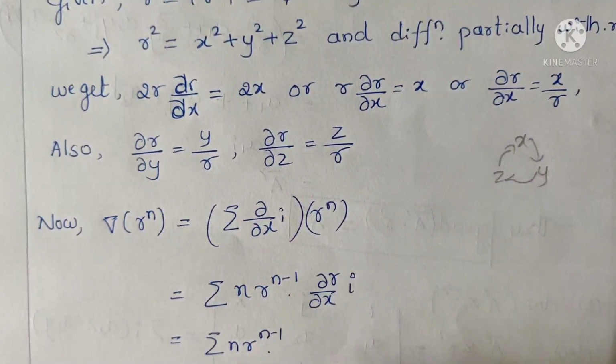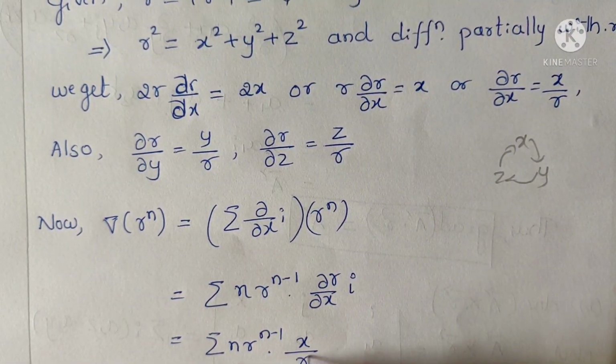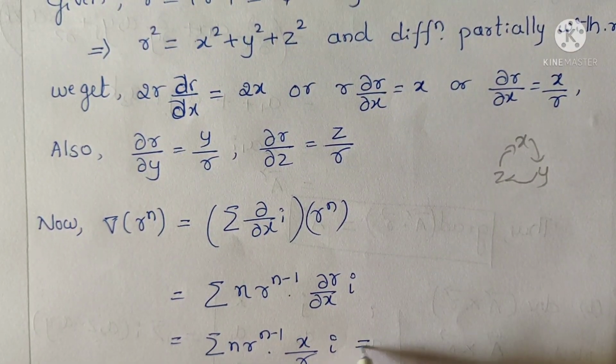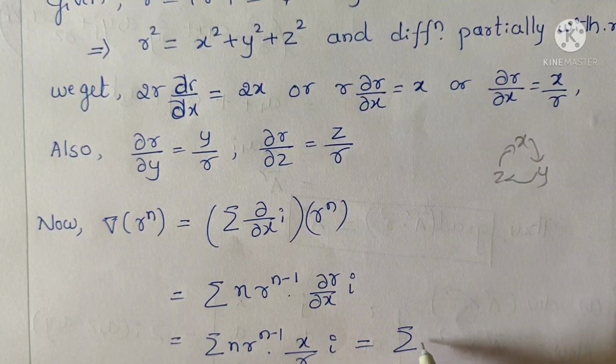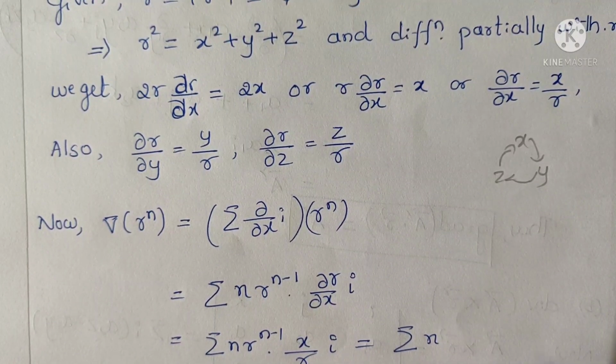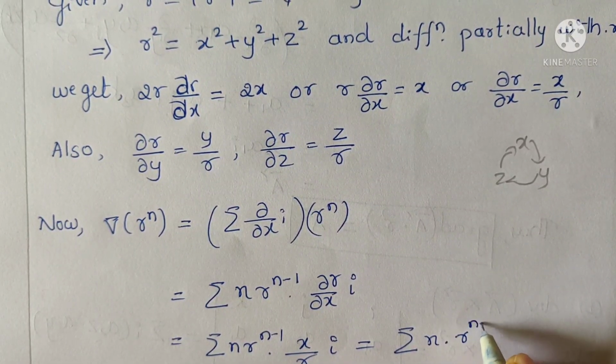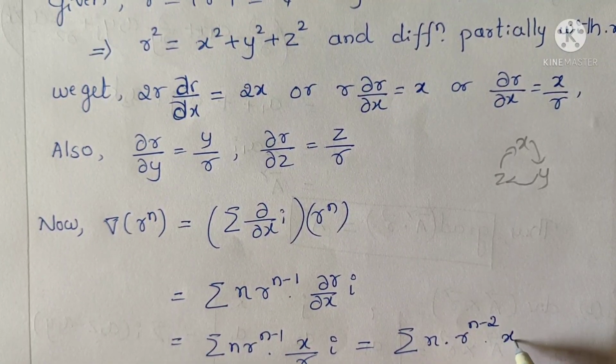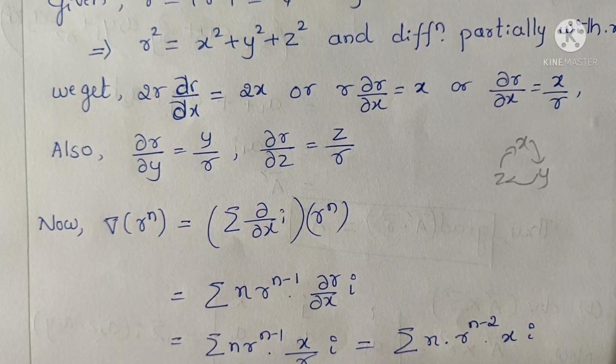But what is ∂r/∂x? ∂r/∂x is x by r into i. So this is summation of n r^(n-1) into r^(-1), so it is n r^(n-2) x into i. Here n r^(n-2) is a constant, then summation of x into i.